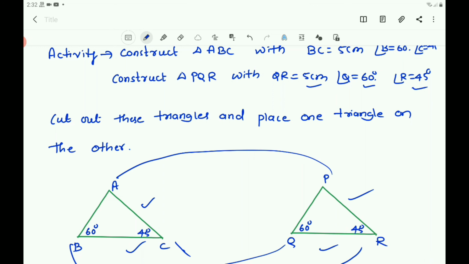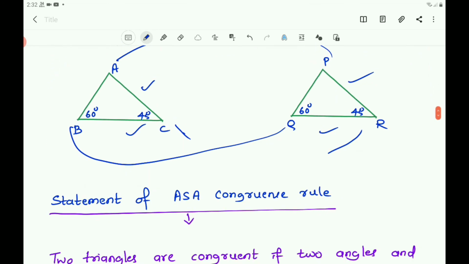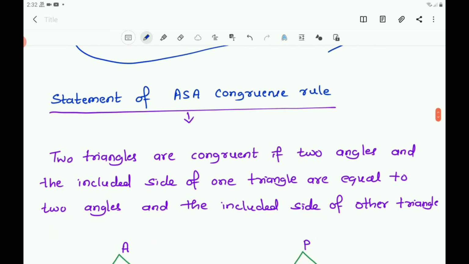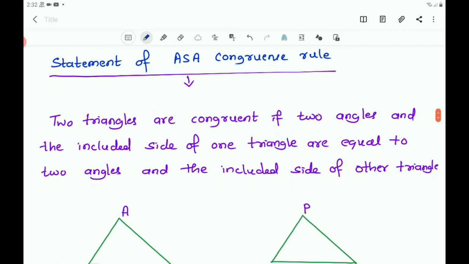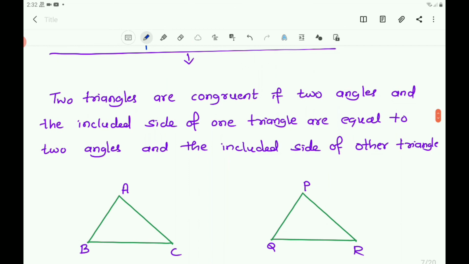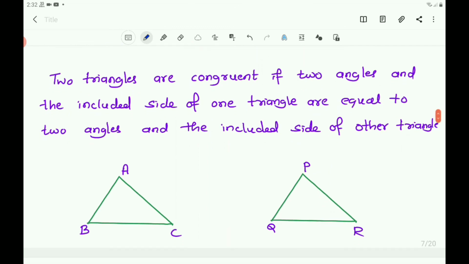You will observe that equality of two angles and the included side is sufficient for congruence of triangles. Therefore, it is taken as a criterion. What is the statement of the ASA congruence rule? The statement is as follows. Two triangles are congruent if two angles and the included side of one triangle are equal to two angles and the included side of the other triangle.